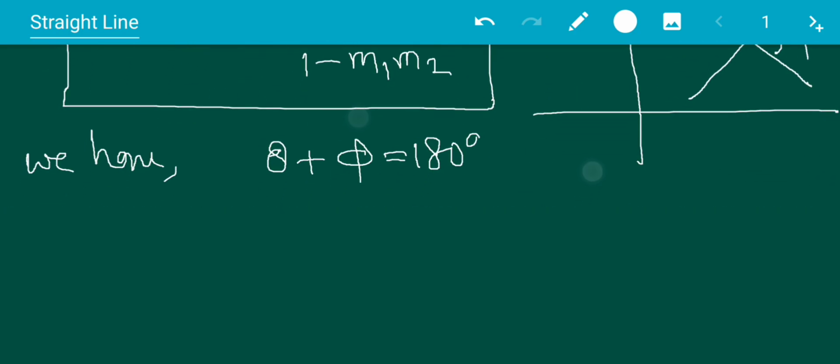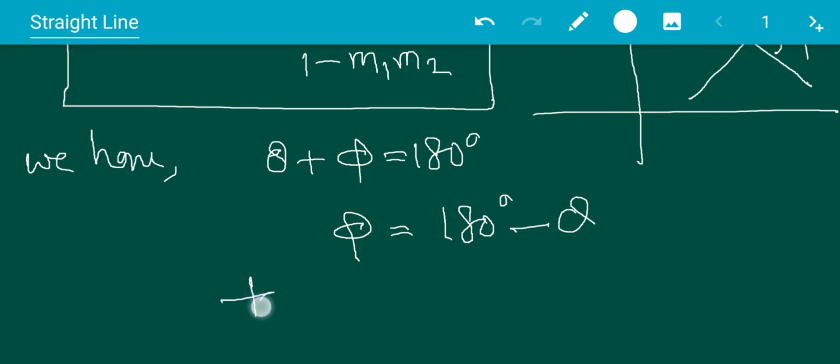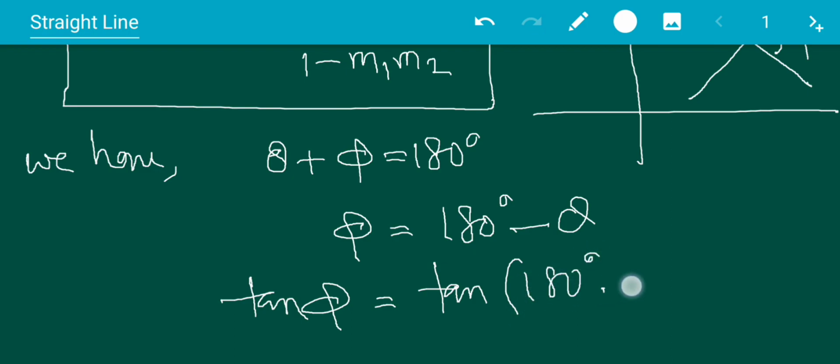So how to deal with this? Now what is this phi? Phi is nothing but 180 degrees minus theta, and tan phi is equal to tan of 180 degrees minus theta. This is simply minus of tan theta.